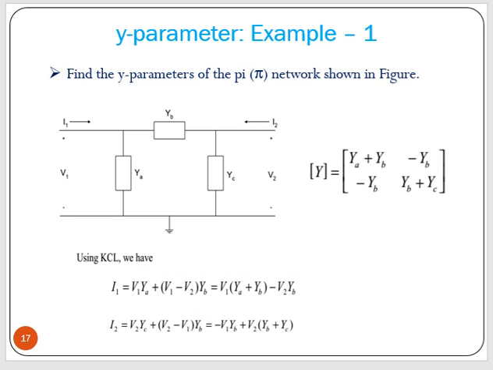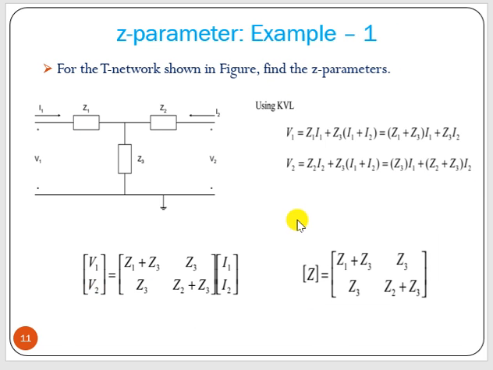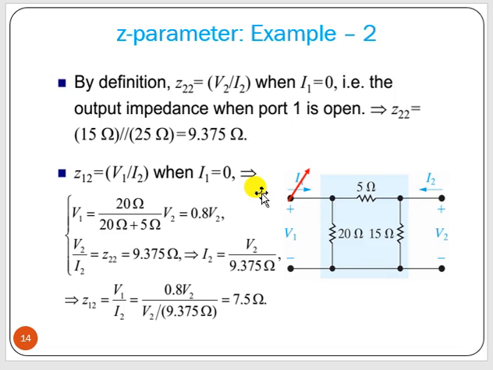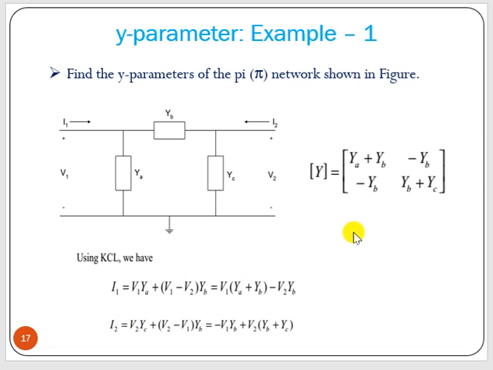Now say this is a circuit, a pi network. In the previous example, what we have seen is for a T network. To find out the Y parameter values, we have to write the equations. So I1 equal to what?